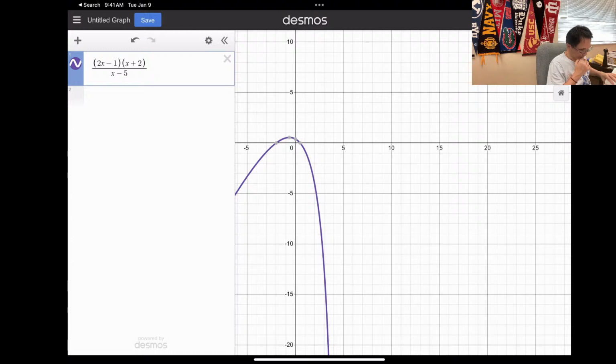It's gonna stop at 5, so it's never gonna touch 5, because of the vertical asymptote. You have to take it for each one.